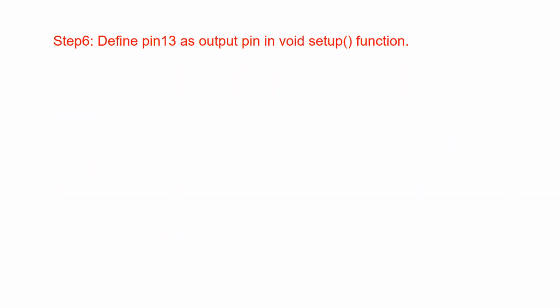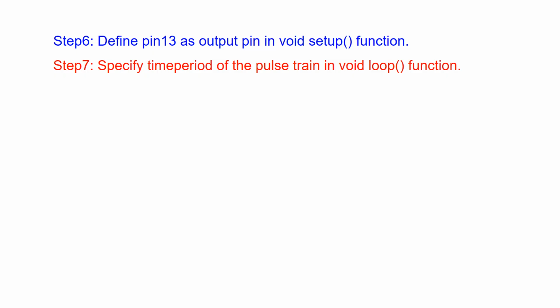Step 6. Define pin number 13 of Arduino Uno board as output pin in void setup function. Step 7. Specify or assign time period of the pulse train in void loop function.